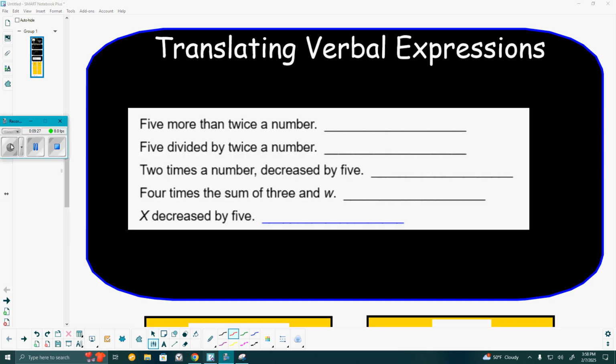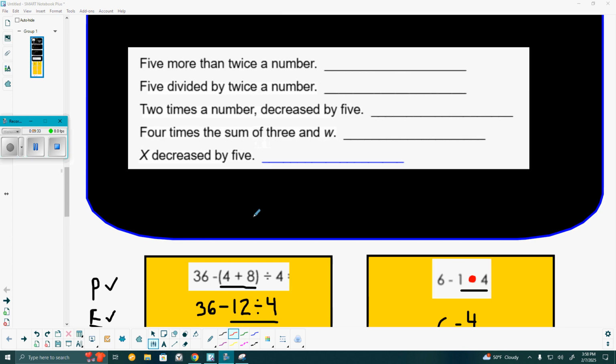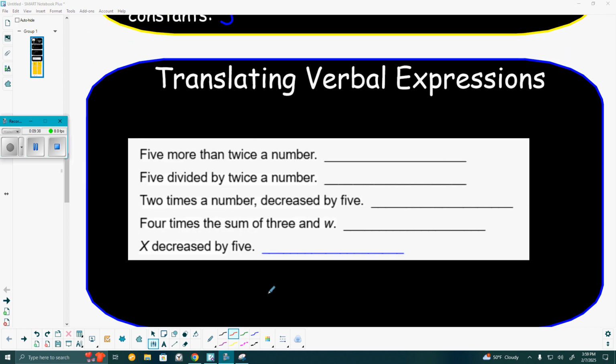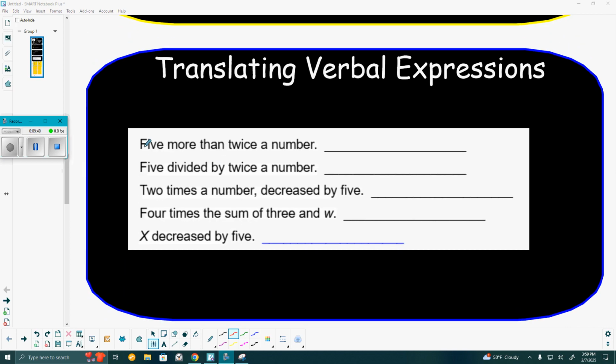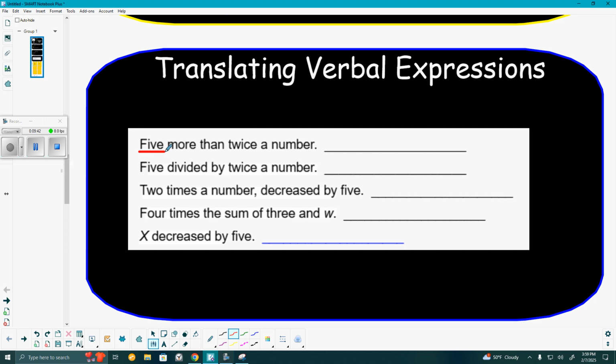Translating verbal expressions just means taking a statement or a sentence and turning it into mathematical terms, like numbers and operations. So let's look at a couple of examples. 5 more than twice a number.